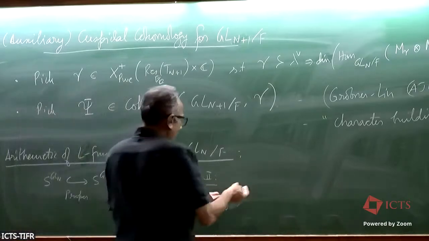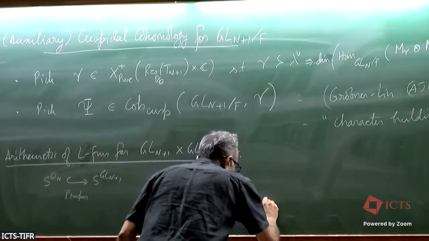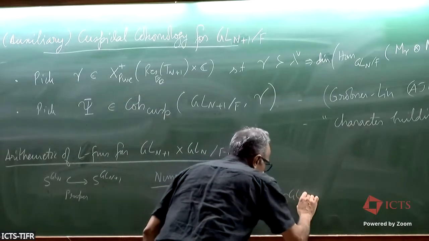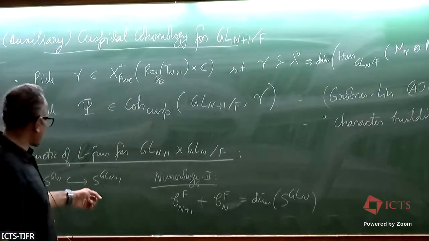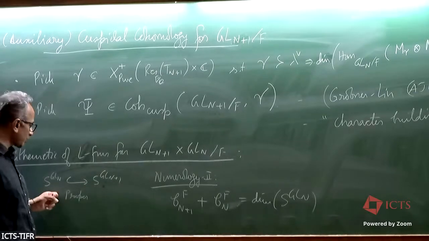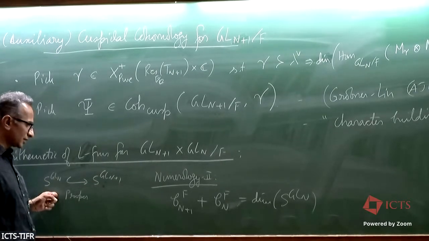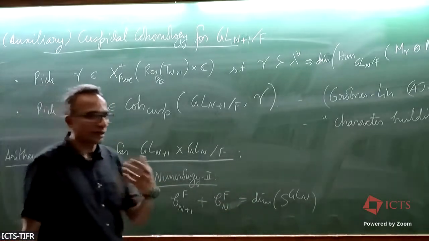And if I take the cup product or the wedge product, whatever cohomology theory you're working with, lo and behold, this adds up to the dimension of the locally symmetric space for the smaller GL. And so if I take a cuspidal class on the bigger guy, pull it back, it's compactly supported, wedge it with this Eisenstein class, I get a top degree cohomology class with compact supports, apply Poincare, I get a number.